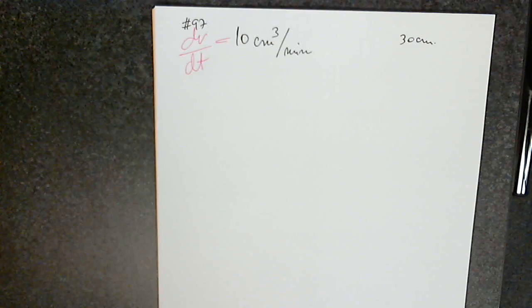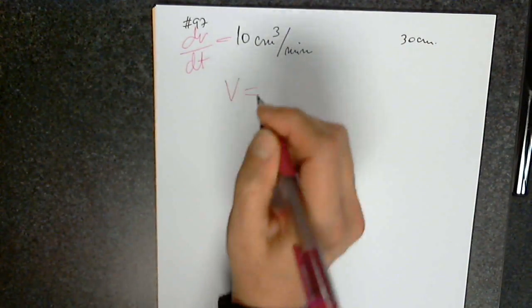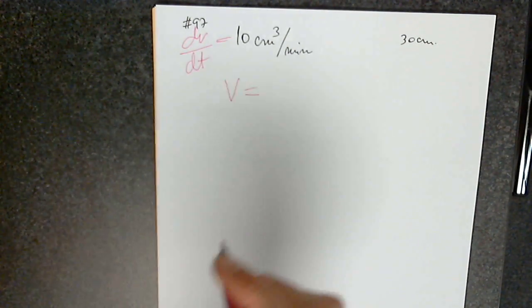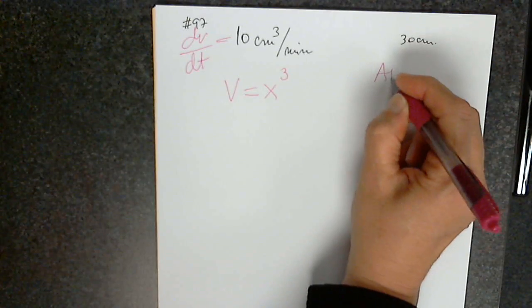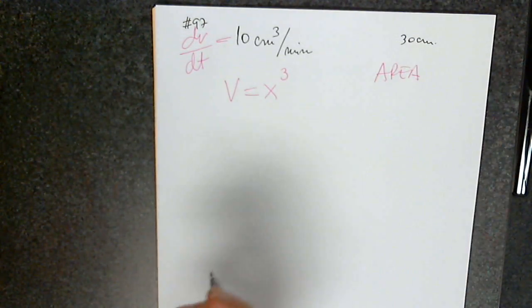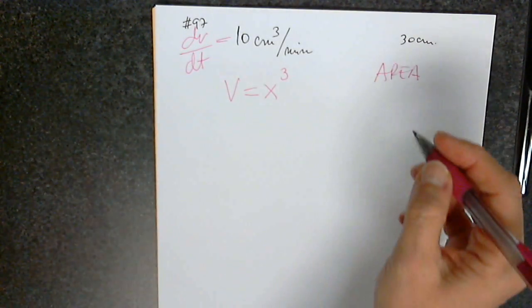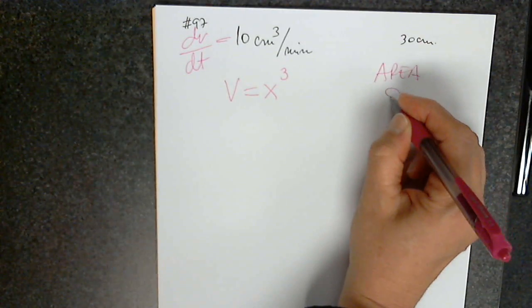The cube equation? So where's the starting point? Volume equals x cubed. Excellent. But since they're talking about the surface area, I like to see that equation. Let's call it S.